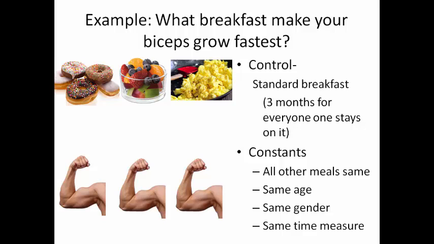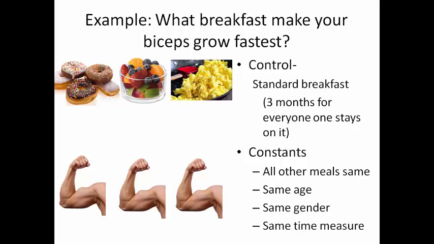They would all eat a standard breakfast, maybe for 3 months, just so everybody gets used to that breakfast. Everything's constant. And then your control person, your 4th friend, would just keep eating that breakfast. That's a standard breakfast. And then the 3 other people involved could eat donuts, could eat fruit, and could eat eggs. That's the only thing that you're going to change, is the type of food that they ate, and then you will measure how big the biceps grow.